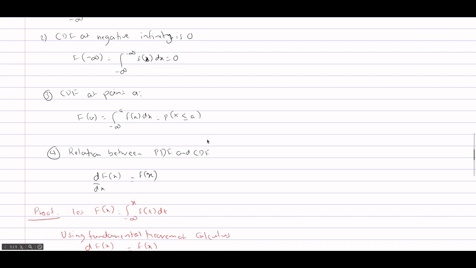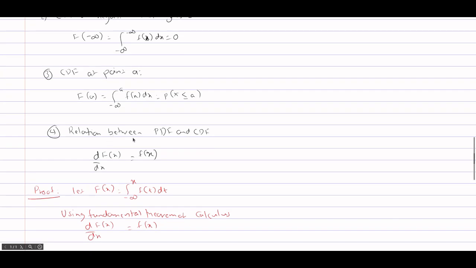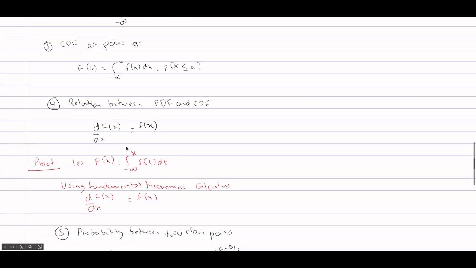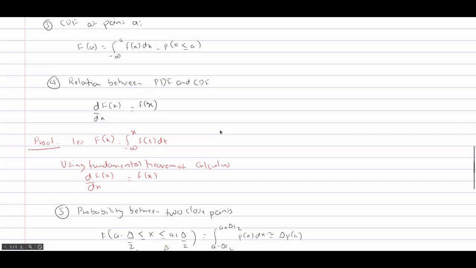And the fourth property is the relationship between PDF and CDF, also called the derivative rule. This is a beautiful connection. The PDF is the derivative of the CDF. Why? Because the CDF is the total accumulated probability and the PDF tells you how fast the accumulation is happening at the exact point x. So let's prove it. Start with this particular formula here.